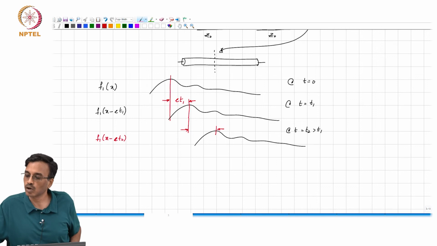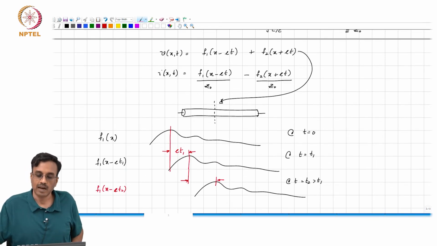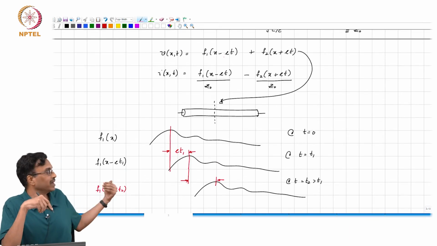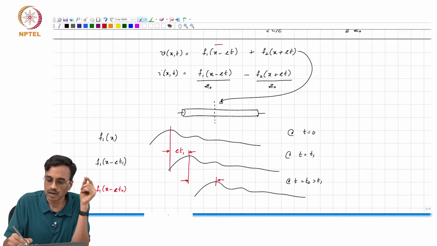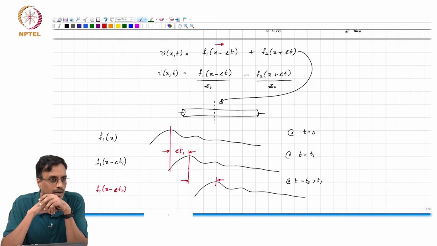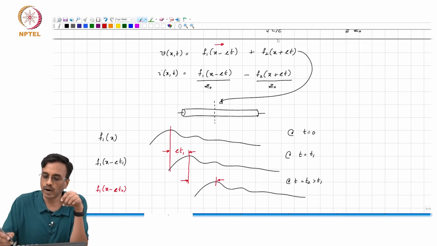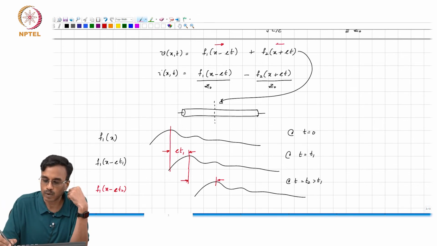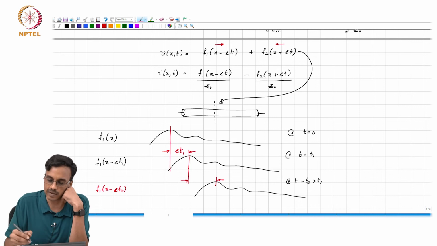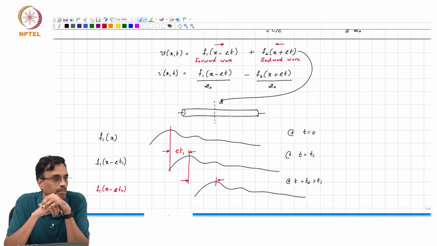So, the interpretation of f1 of x minus ct is simply a wave traveling in the forward direction, and likewise this is a voltage wave traveling in the backward direction. So, this is the forward wave, this is the backward wave, correct.